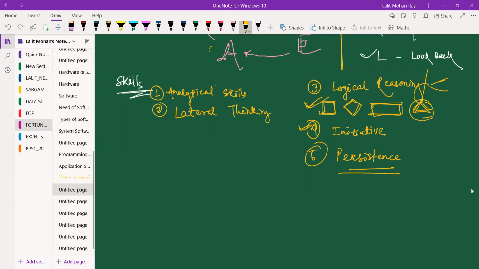So these skills, analytical skill, lateral thinking, logical reasoning, and initiative, are all required. And whatever methods you are using, you have to stick to them: persistence. These skills will be there with the problem solver so that they can solve a problem.